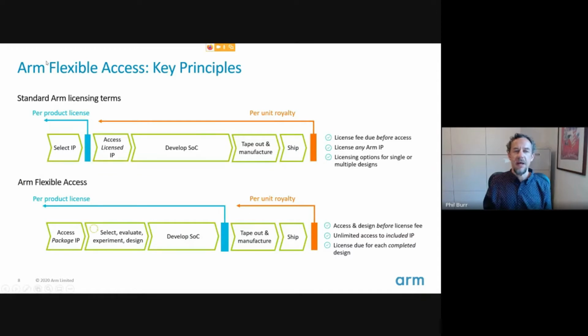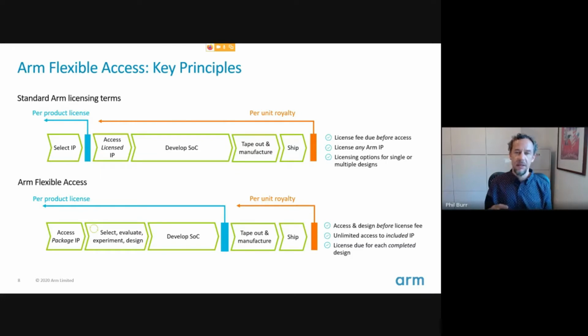So this slide shows our traditional licensing model. Traditionally, a customer would select the IP, pay a license fee, develop their chip, tape out, and then manufacture. And then there's a small per unit royalty that they pay. With Flexible Access, we move that product license fee to much later in the development life cycle.